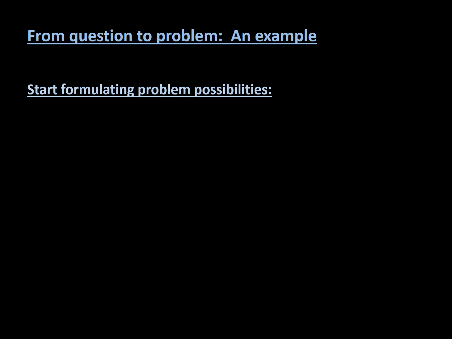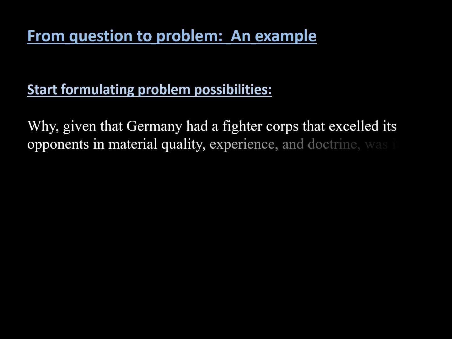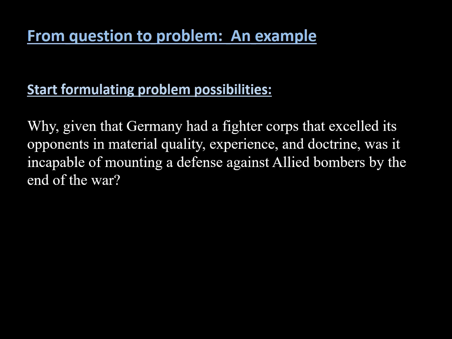So what you start doing is formulating problem possibilities given the rich information that you have. So now we're not just talking about why did the Allied bombing campaign succeed, but why did they succeed given that Germany had a fighter corps that excelled in material quality, experience, and doctrine? Why was it incapable of mounting a defense against Allied bombers by the end of the war?